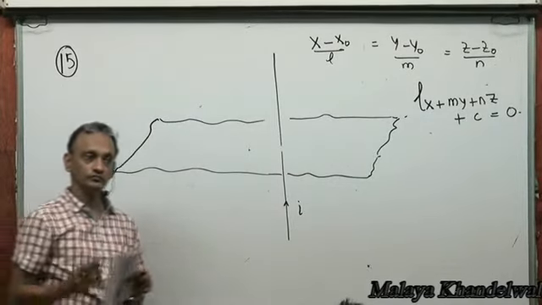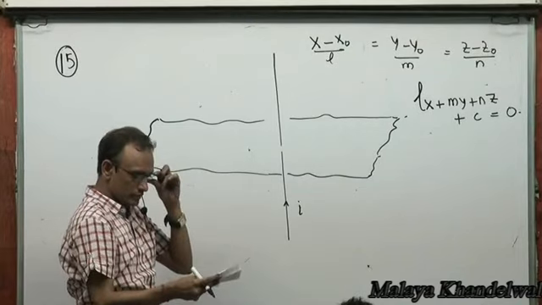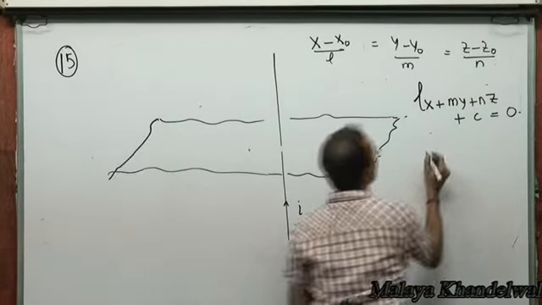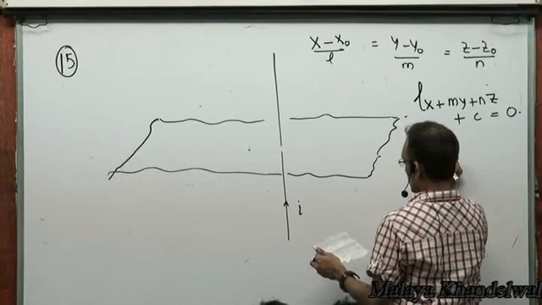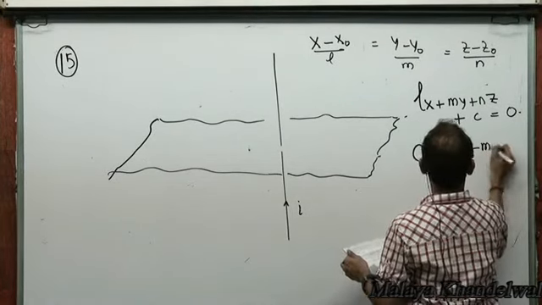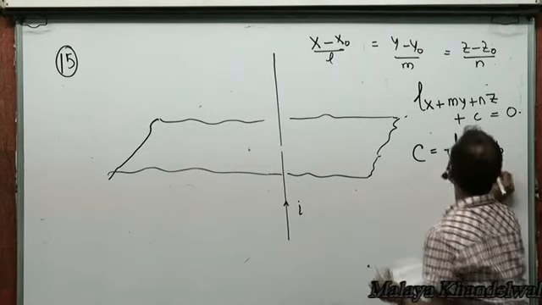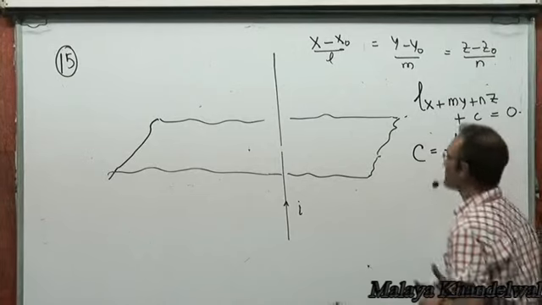Right? It's also given that C is minus Lx naught minus My naught minus Nz naught. Yes, absolutely.